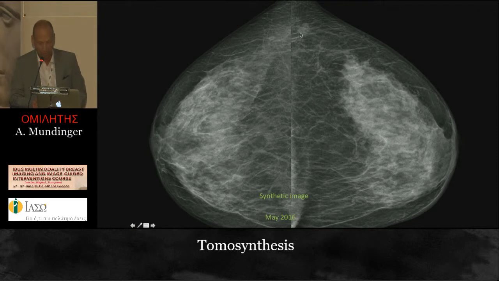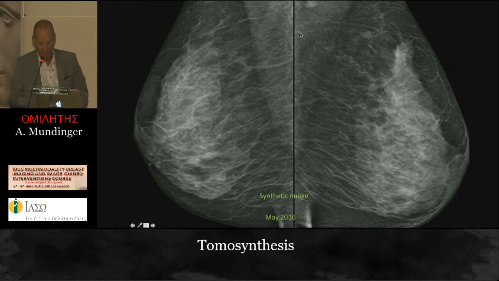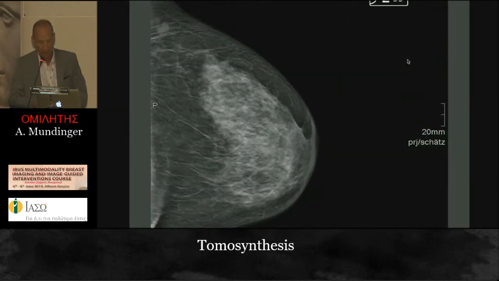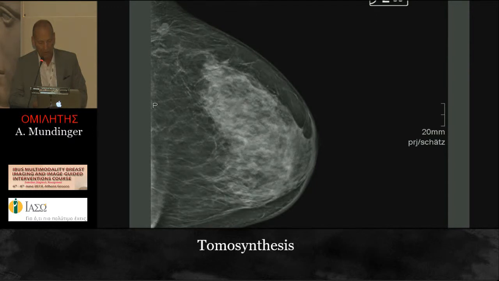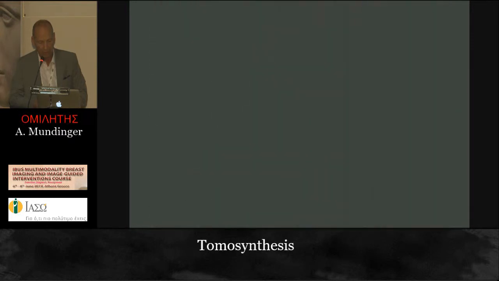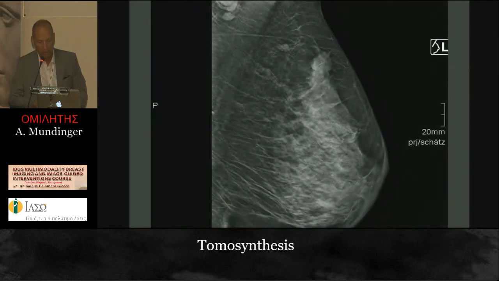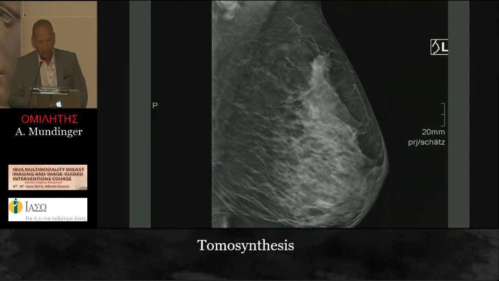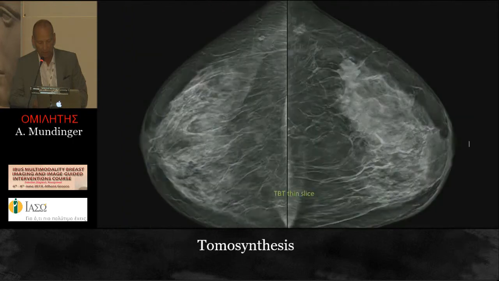And if you look at the second plane, no question, here is an irregular mass with architectural surrounding distortions. And this is the tomosynthesis with various thick slices, and now it comes out more clearly. And you see the architectural distortion much better. And this is the second plane, and you can delineate it very clearly.